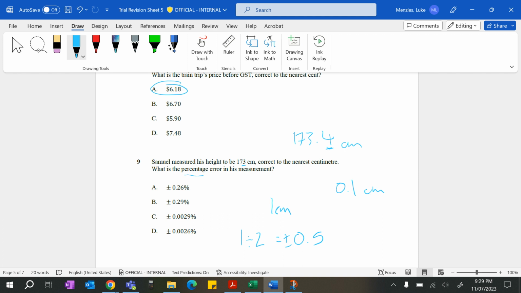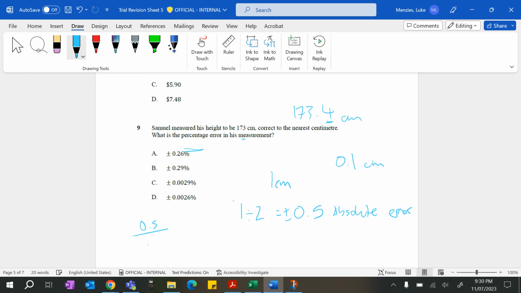The percentage error, though, so this here is our absolute error. Okay, our percentage error is our absolute error divided by whatever we're measuring. So in this case, we're going to say 0.5 over 173.